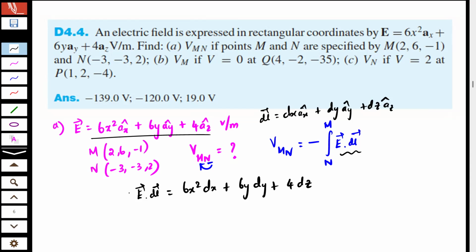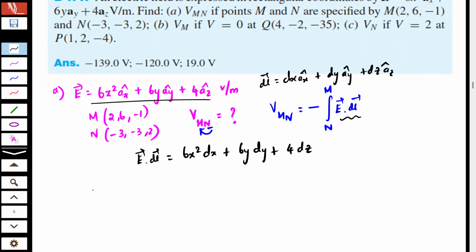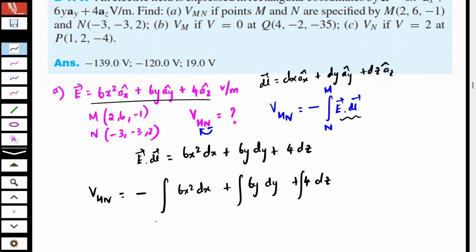Now we have to perform integration to get the potential difference. So Vmn will be minus integration of 6x square dx plus 6y dy plus 4 dz, and I should consider the three integrations, one for x, y, and z.